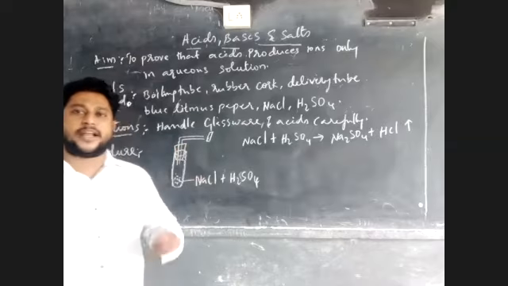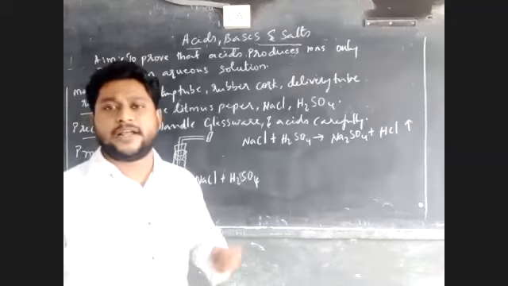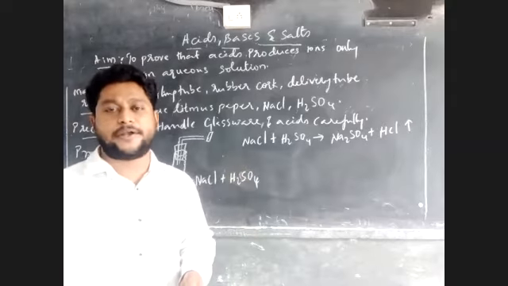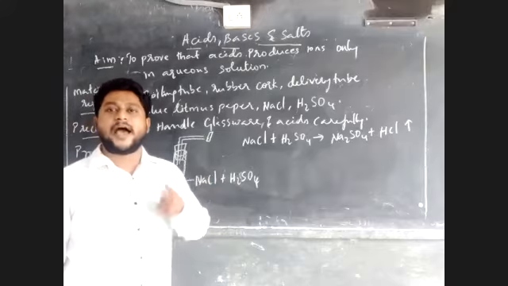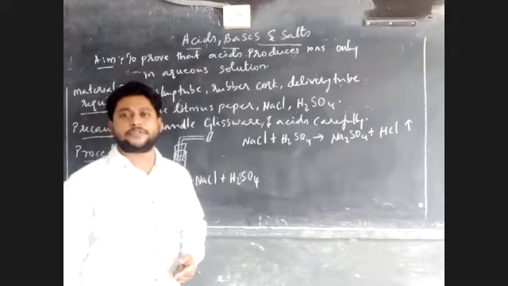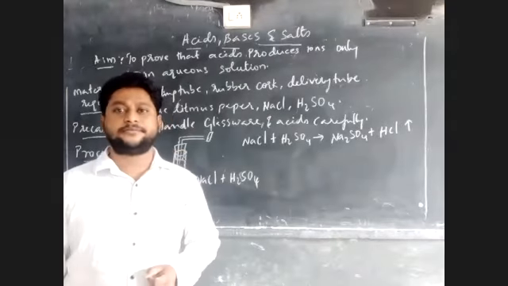What should happen when I bring the blue litmus paper near the other end of the delivery tube, where HCl gas is liberated? The blue litmus paper should change to red, but that is not happening.